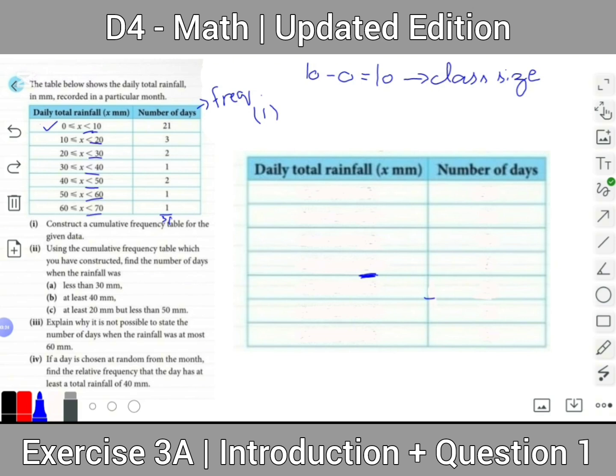So we will write it down like here: less than 10, less than 20, less than 30, less than 40, less than 50, less than 60, and less than 70.